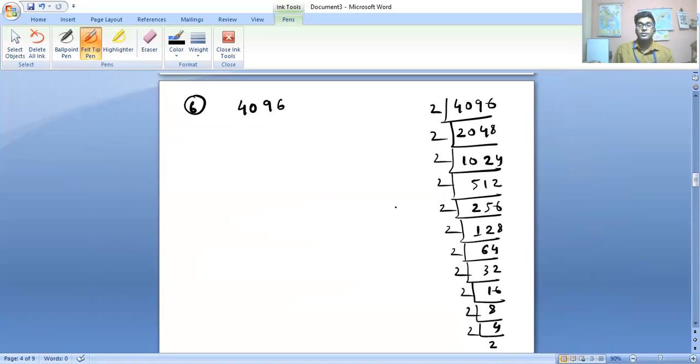Yes. So as you can see, 2 square, 2 square, 2 square, again 2 square, and 2 square.